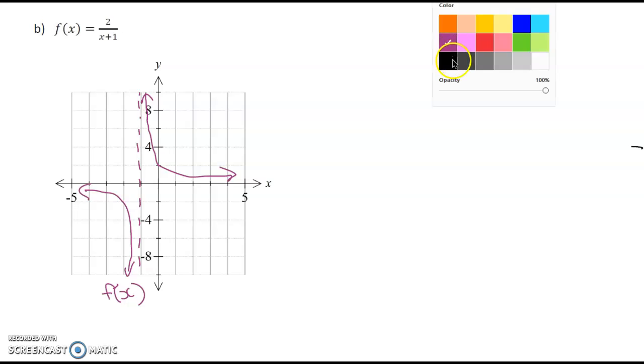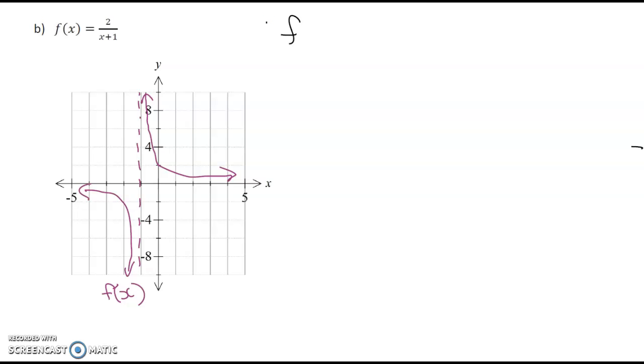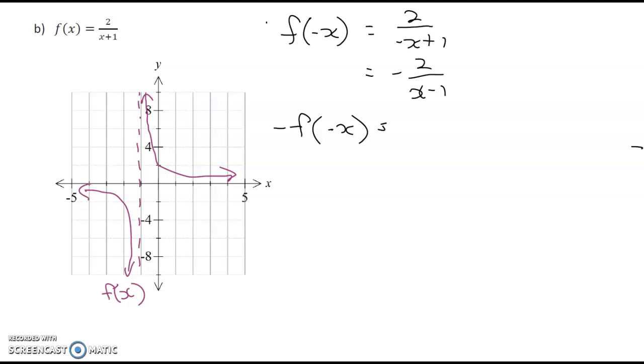Well, f of minus x would be equal to 2 over minus x plus 1, which is equal to minus 2 over x minus 1, and now minus f of minus x would then be equal to minus, outside of minus 2 over x minus 1, which would give me positive 2 over x minus 1.